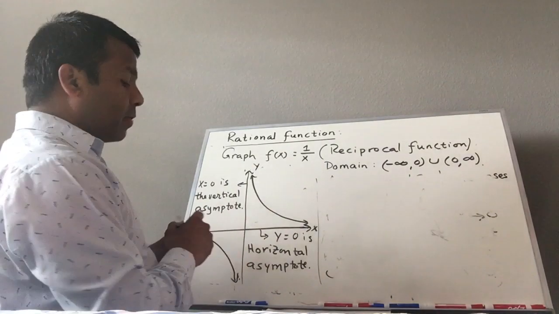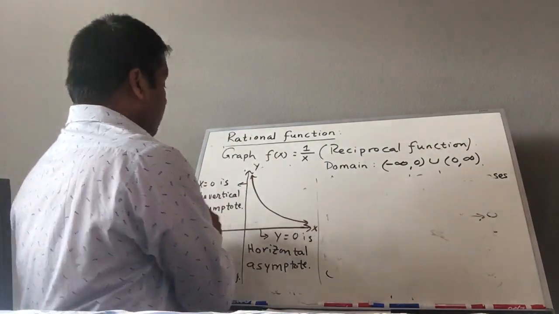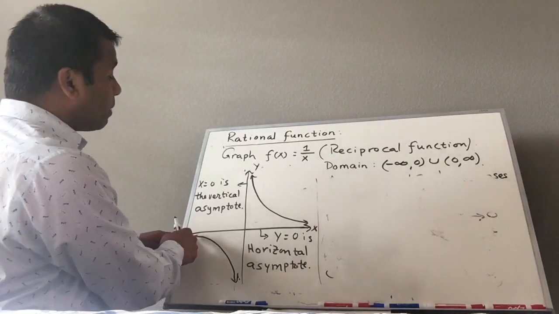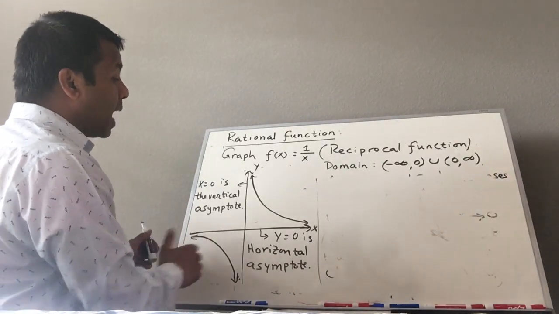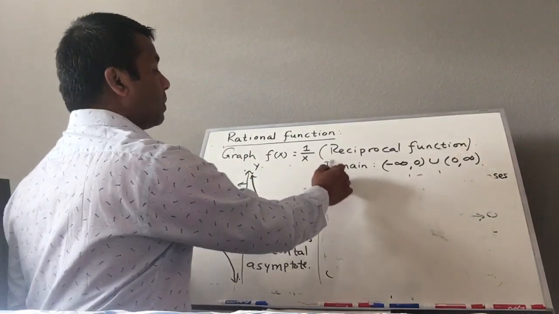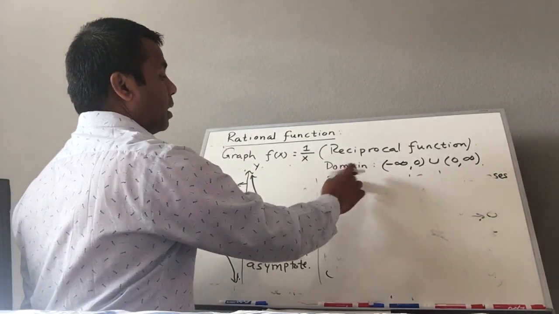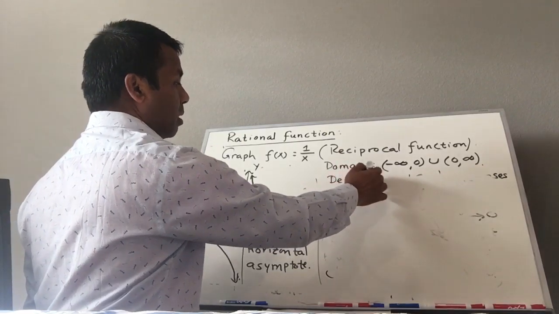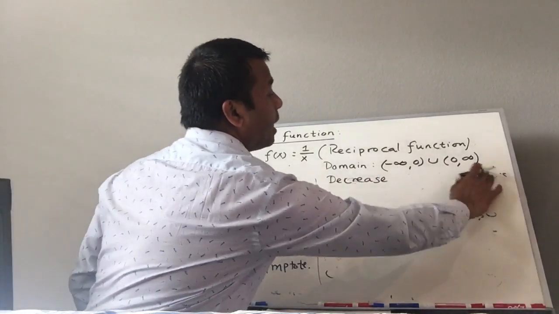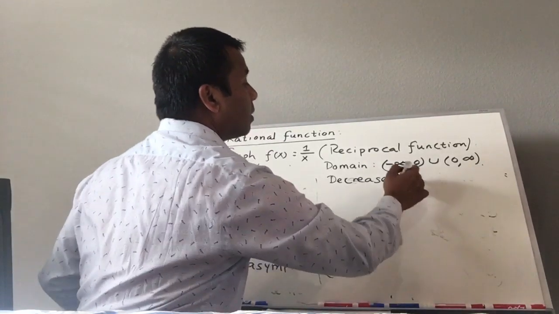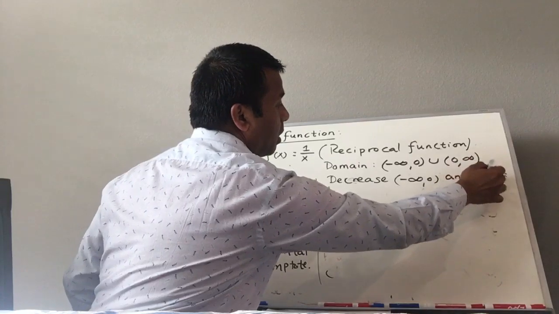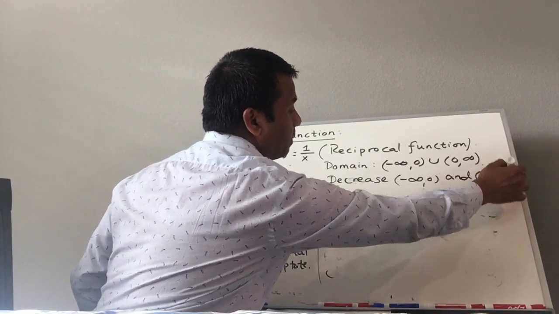So if you look at the graph, it decreases from negative infinity to 0, and it again decreases from 0 to infinity. So the graph decreases on the intervals negative infinity comma 0 and 0 comma positive infinity.